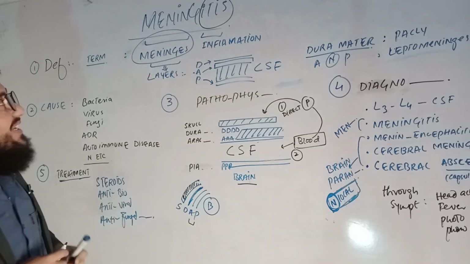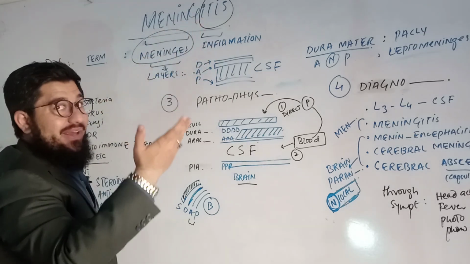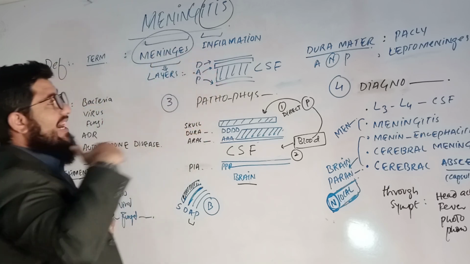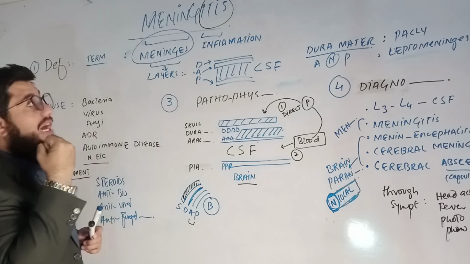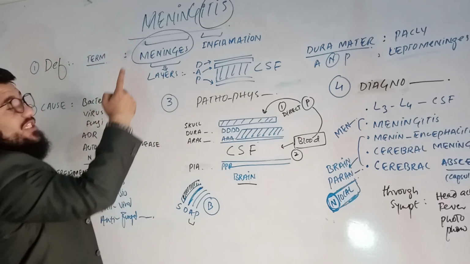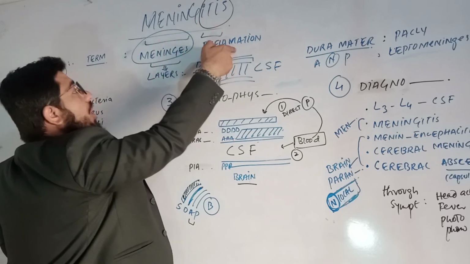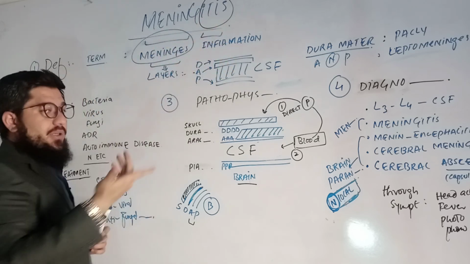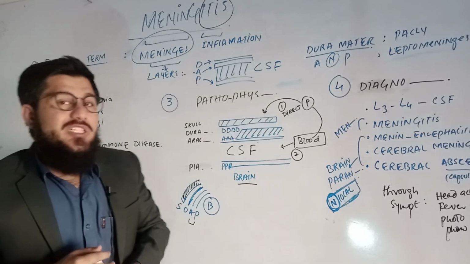So in short, what is meningitis? Going through this split mechanism, first of all, we split the word, and from that we get our definition. When we define meningitis, we will say that it is the inflammation of meninges. Simple. A question asked in exams: what is meningitis?